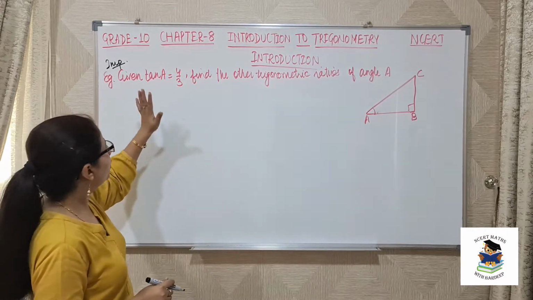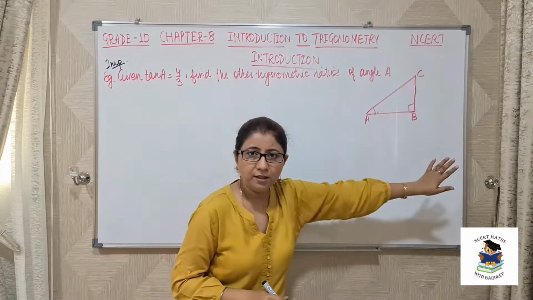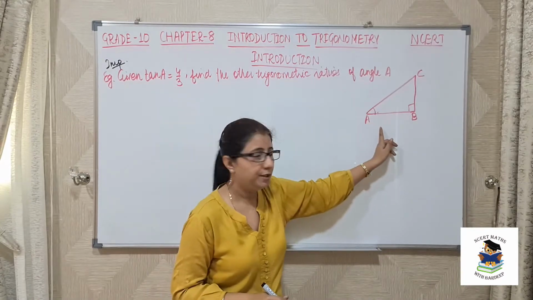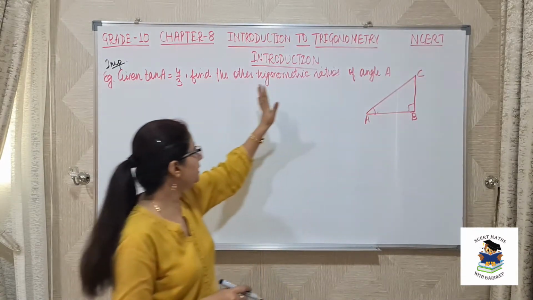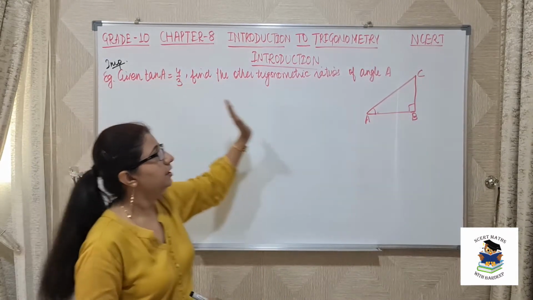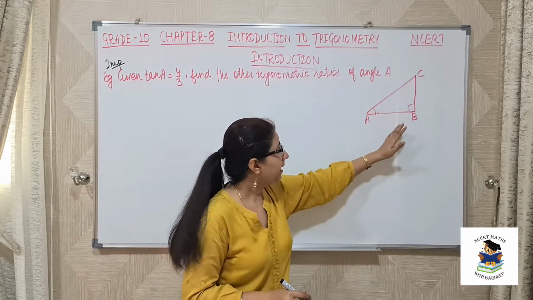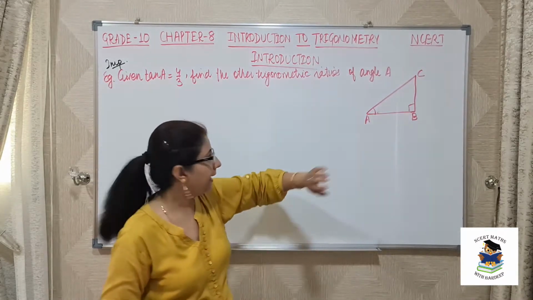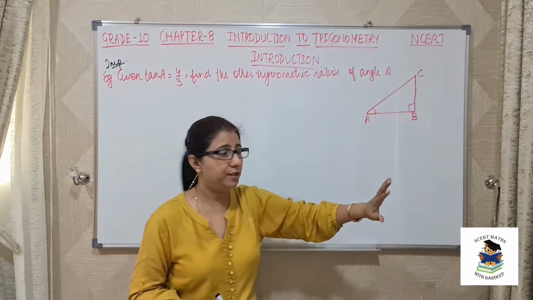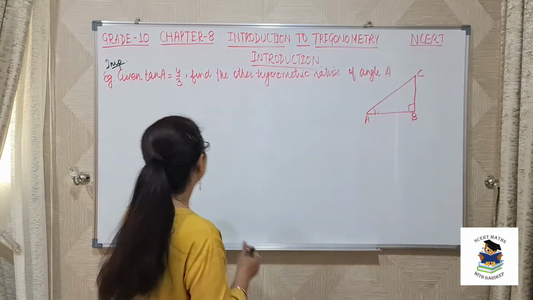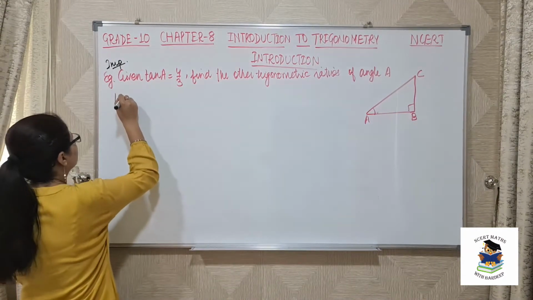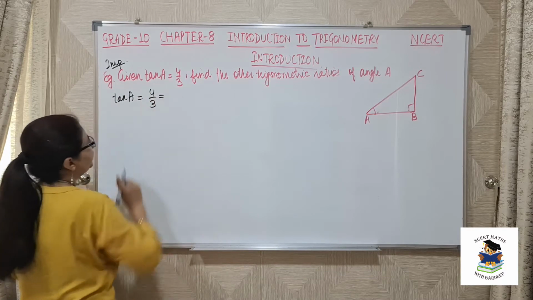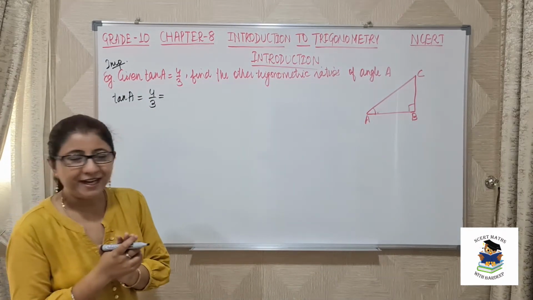So how to start is, always first make a triangle. Whatever angle is given to you, that vertex should be your acute angle. Suppose in this case angle A is needed. So I have drawn a triangle ABC right angled at B. So this is our angle A which is under consideration. So now tan A is equal to 4 by 3. And what is the value of tan A?